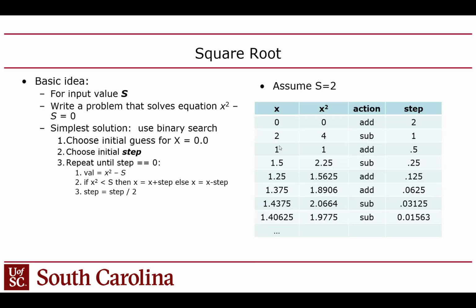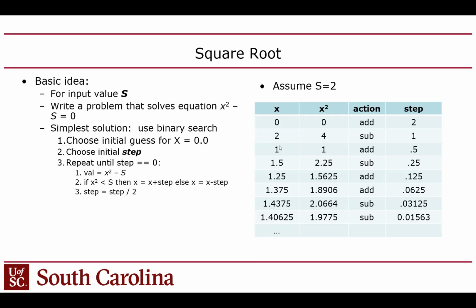How do you do that? Well, you guess on x. You make a guess, and if the guess is too low, you increase it, and if it's too high, you decrease it. And then you repeat. That's basically all you have to do. Except the amount that you increase or decrease is adjusted logarithmically.